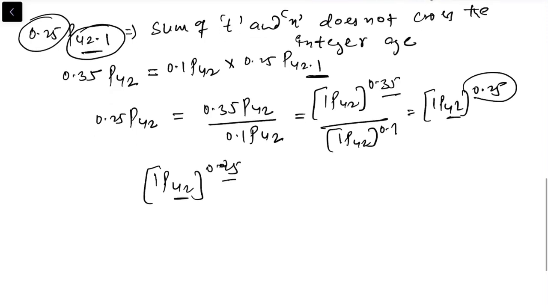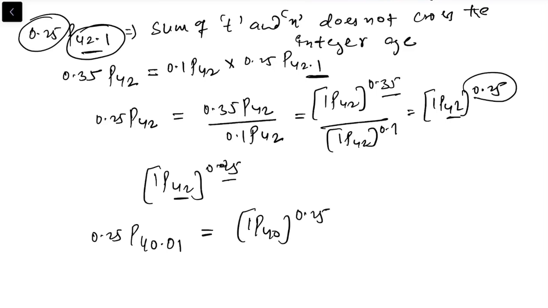So we can take another example. Suppose this is 0.25p40.1. We can write this as 1p40 to the power 0.25 using this trick.